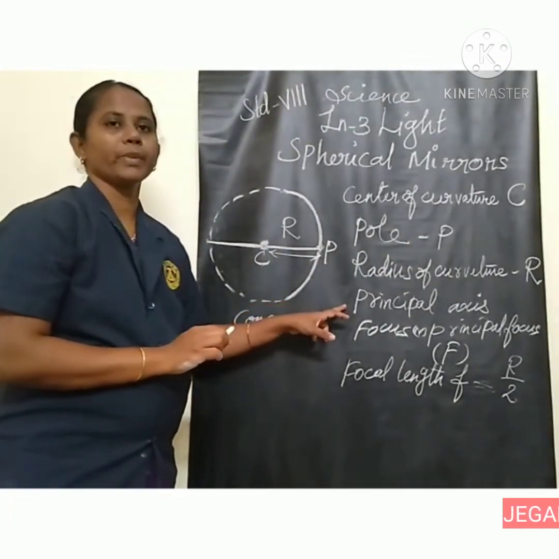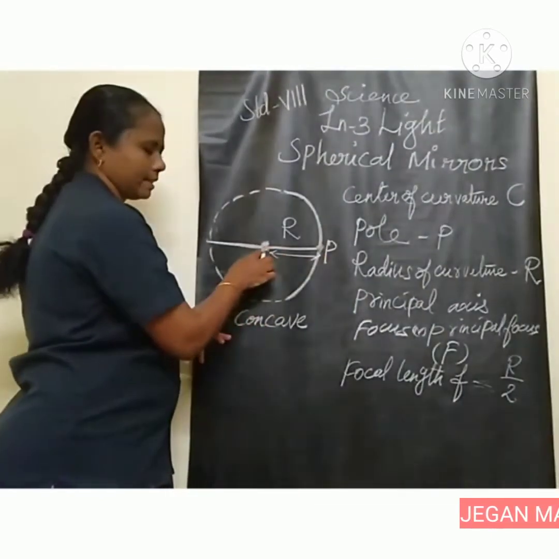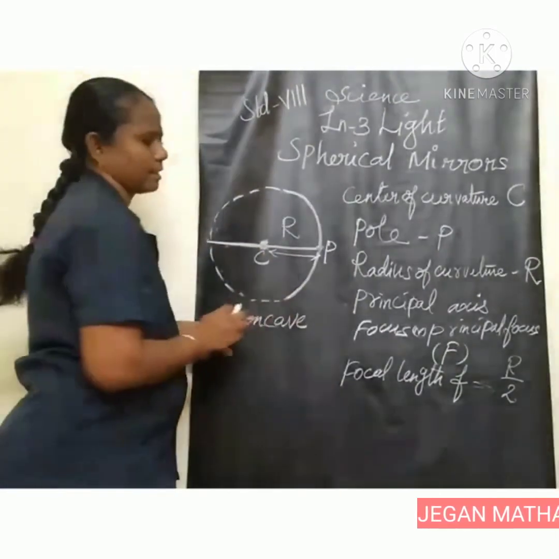Then fourth term, principal axis. The line joining the pole and the center of curvature. This line is also known as the principal axis.